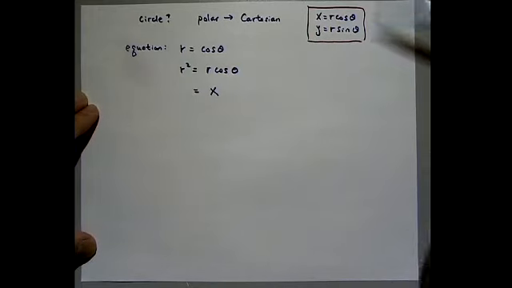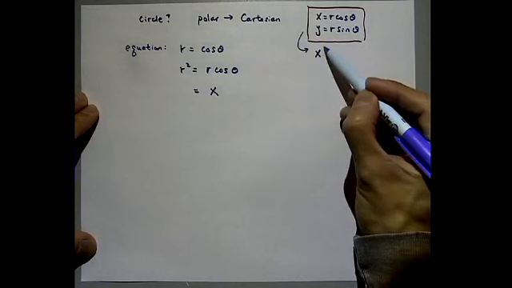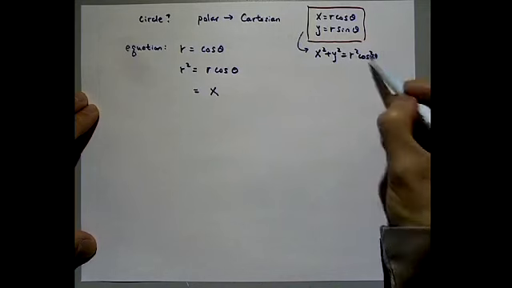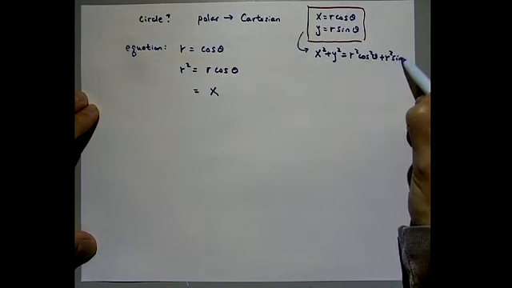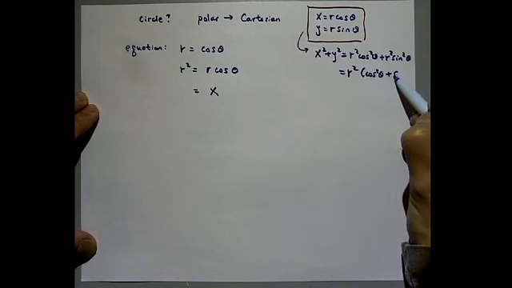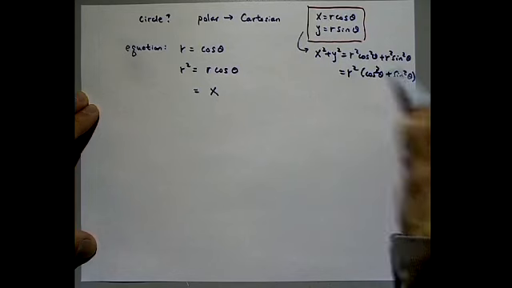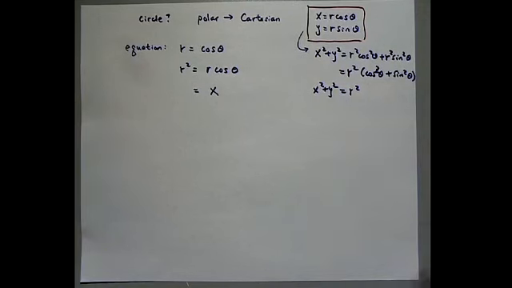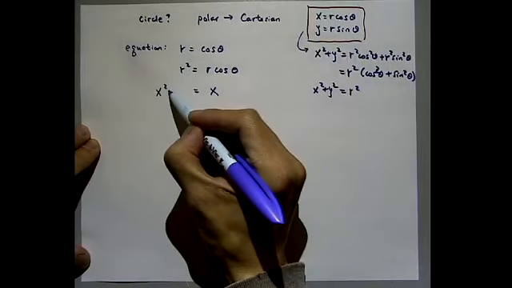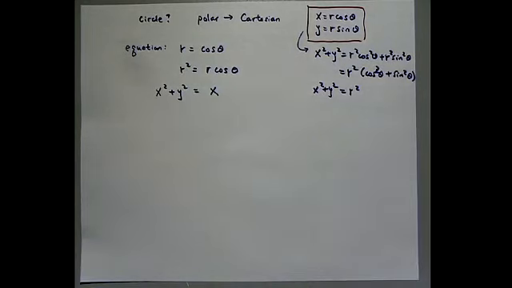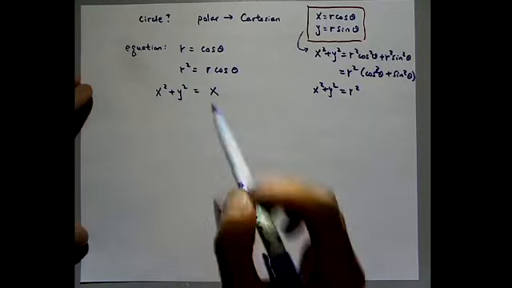If you add the square of these two together, we see that r squared turns into x squared plus y squared. So that goes in here for the left side. Okay? Let's do a little bit more to this.